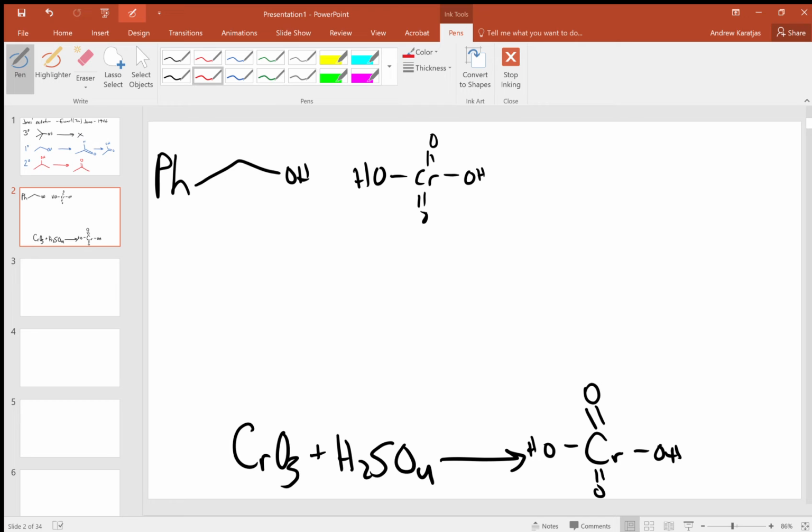So in this reaction, we start with the alcohol pulling a proton off the chromium reagent, and that shifts the electrons onto oxygen. Also, we can note in this reaction that the chromium that we're starting with is chromium 6.